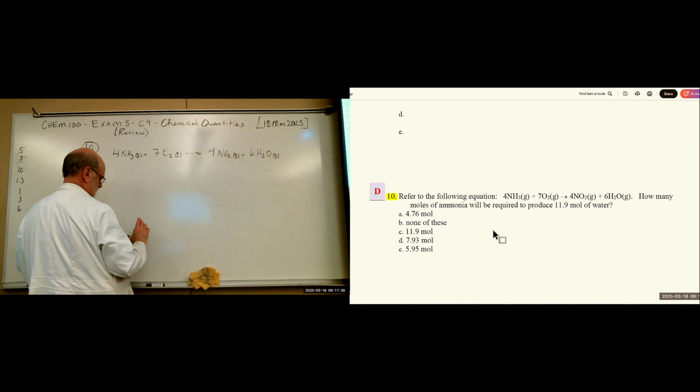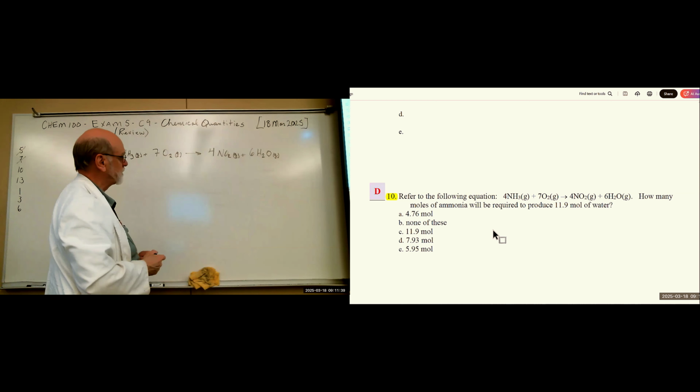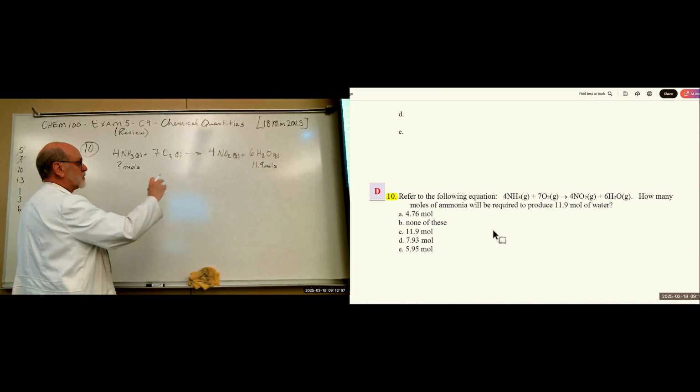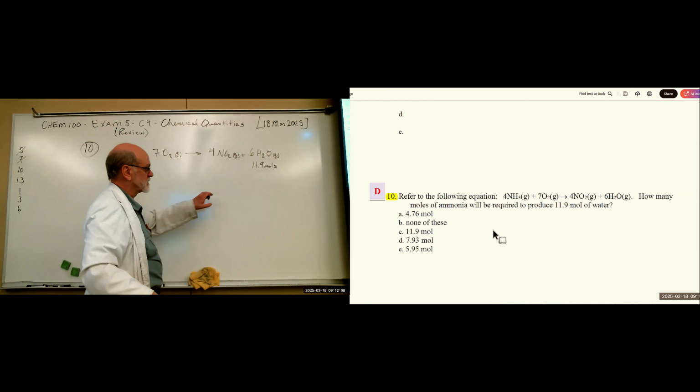Let's try this one. Okay, what are we given? Well, the question is how many moles of ammonia will be required to produce 11.9 moles of water? Actually, this is simpler than the last one we did. You can move anywhere in the equation as long as you have moles, and the conversion factors are always derived from the coefficients.